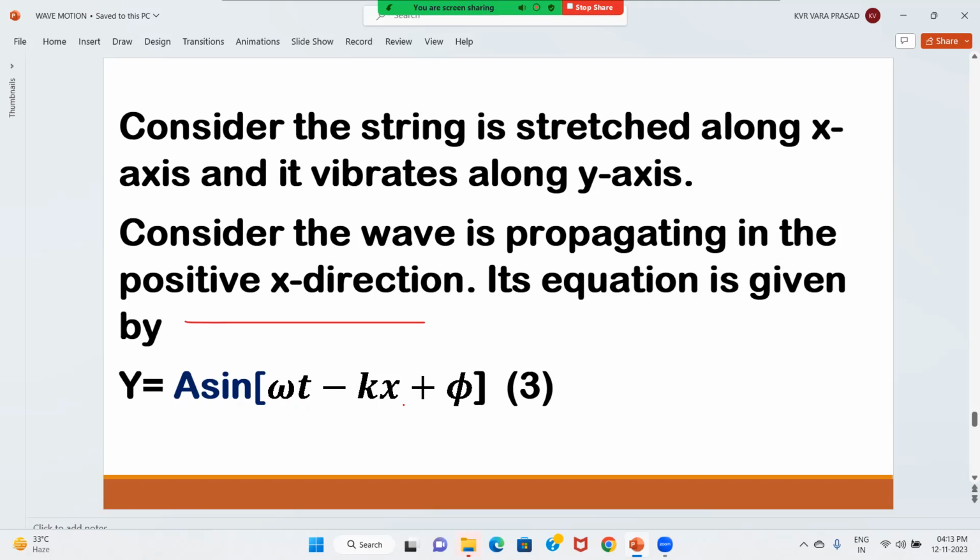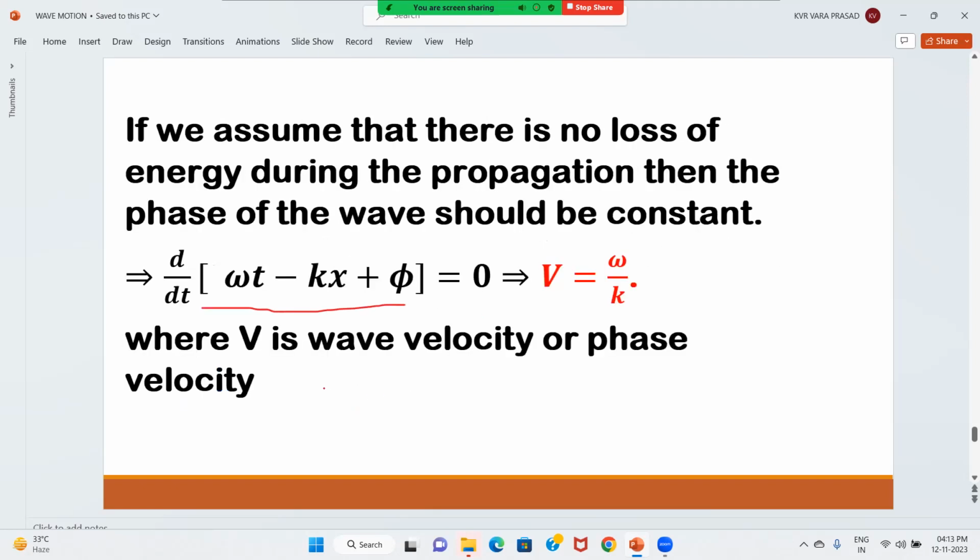Y value constant means the phase value is constant, because when the wave propagates along the positive x-axis, the x coordinate is increasing and at the same time t is also increasing. So ωt − kx is a constant, and we take the derivative of that phase, which should be equal to 0.